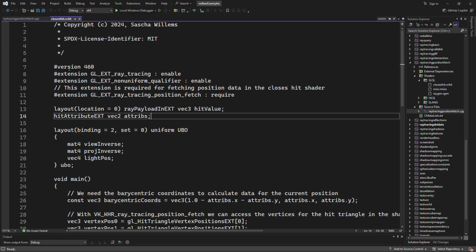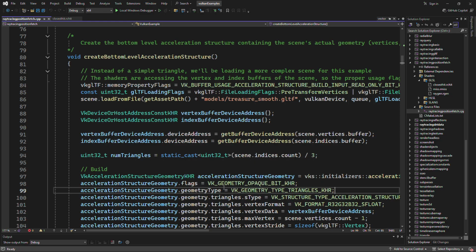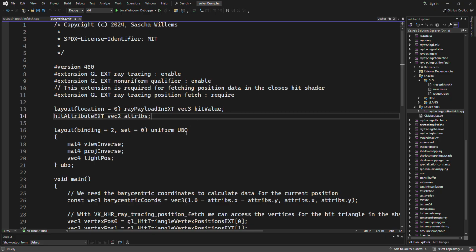Remember, this is the intersection shader. The code before was just our straight CPU-side code, all the things that we're typing out, the instructions. This is on the GPU now. This is the shader stuff, okay? This is a shader on the GPU. So we have this attributes variable that actually gives us the weights that we discussed in the previous video, right?